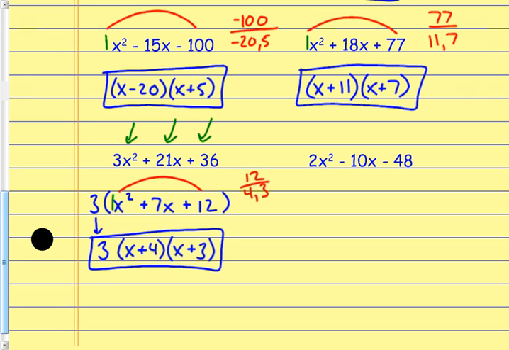Okay? Same thing with the next one. These all have a greatest common factor of 2 in them. So I factor out the 2 first. It's going to save me a lot of work here. It gives me an x squared minus 5x minus 24. And now I've got a trinomial with a leading coefficient of 1. I build a bridge. Two numbers that multiply to a negative 24, but add to a negative 5.